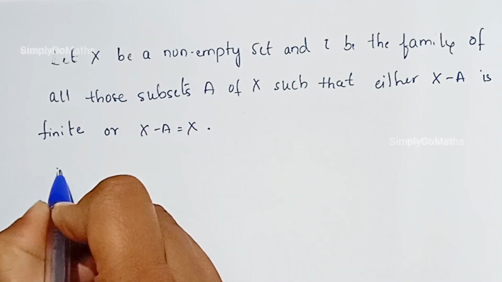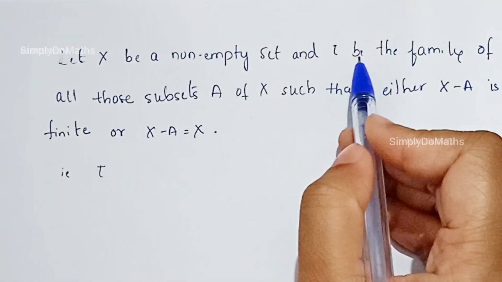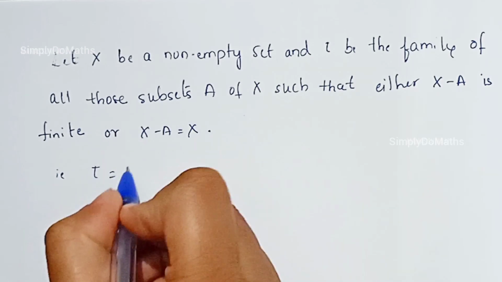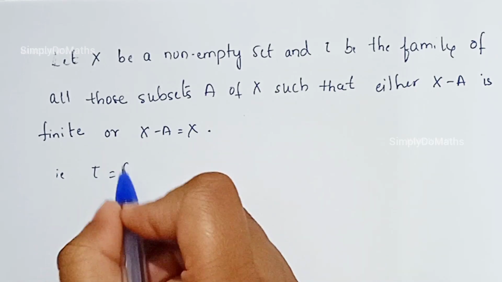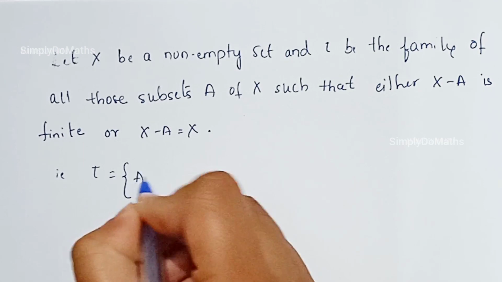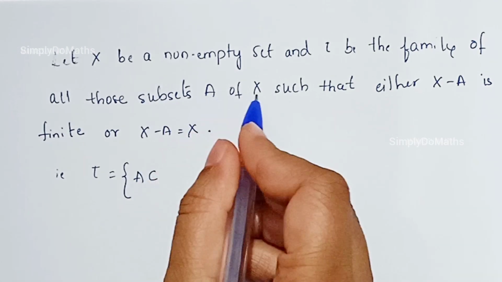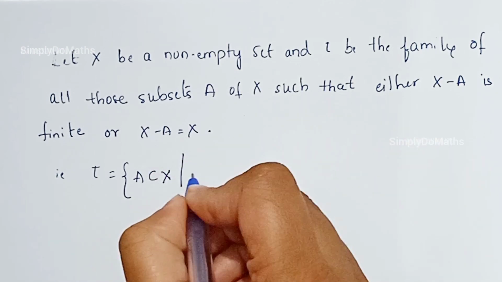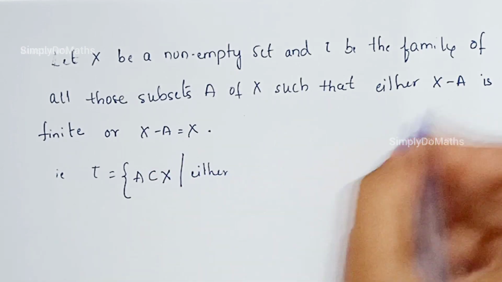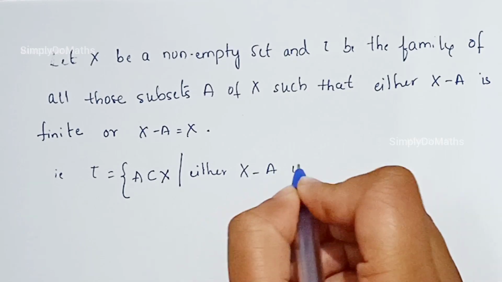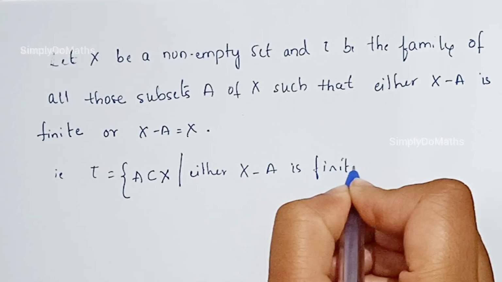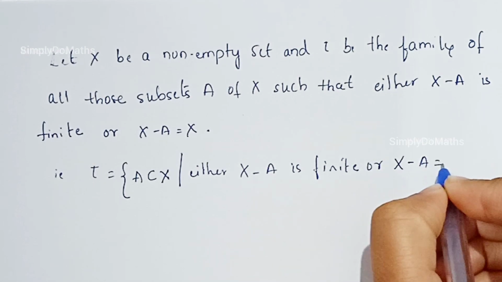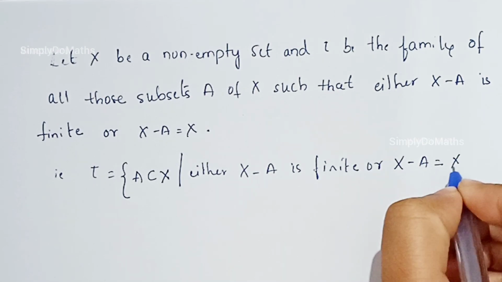Here tau is the family of all subsets A of X. So we need to define tau, which is the set in which A is a subset of X such that either X minus A is finite or X minus A equal to X itself, right?